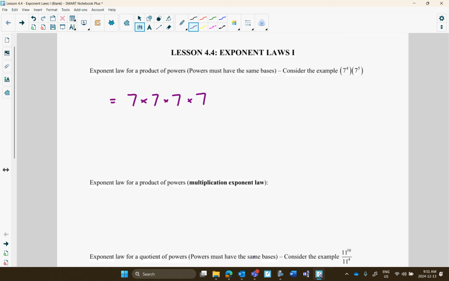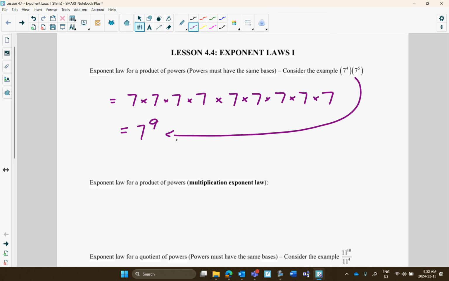How do I write 7 to the 5th? And I'm asked to multiply these two. So how many 7s are you multiplying by each other? So isn't this the same as 7 to the 9th? Can you see a shortcut to get from here to here without having to do this?